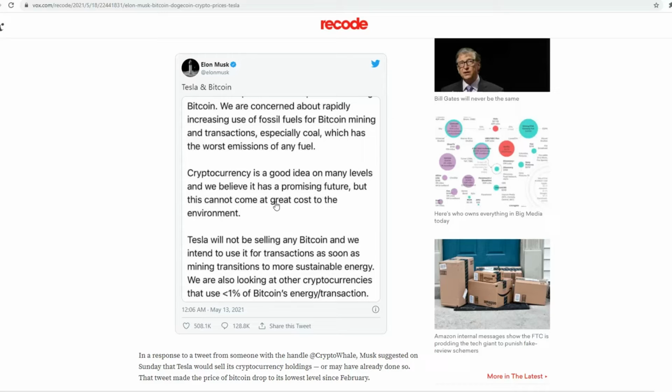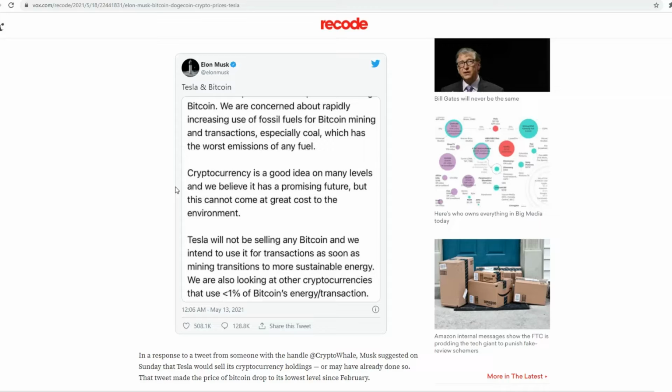He's essentially saying that cryptocurrency is a fantastic idea, very promising, but it might have a huge impact on the environment in terms of the cost, right? The great cost. He then says Tesla will not be selling any Bitcoin, and we intend to use it for transactions as soon as mining transitions to more sustainable energy.